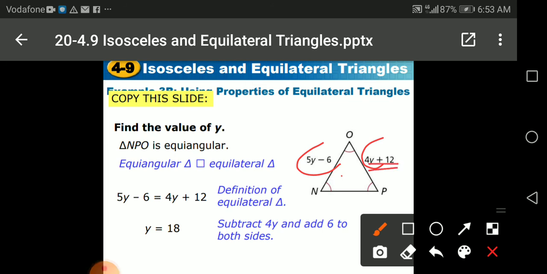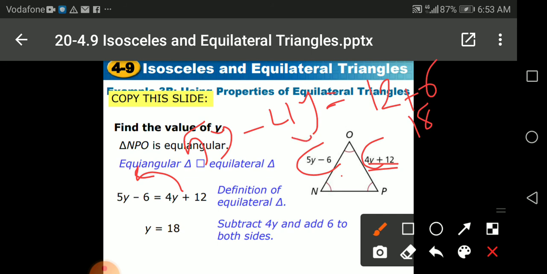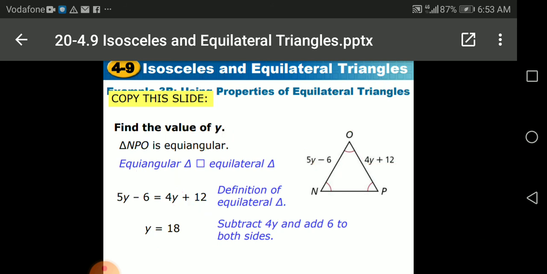So how can I solve it? 4y goes with negative. So we have 5y minus 4y equals 12 plus 6, 18, so y equals 18, right? It's easy. And he asks me about the value of y.